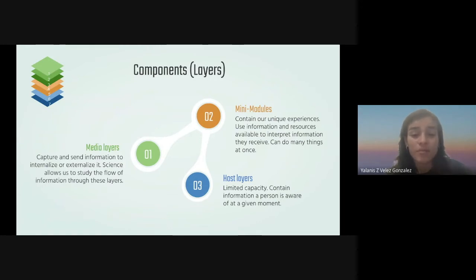Okay, so I was talking about the media layers, and how they can capture and send out information, whether it is to internalize it or externalize it. Internalize it, bring it into our minds, externalize it, get it out of our minds. I was talking also about 5 types of energy, and here in the slide I have that science allows us to study the flow of information through these layers.